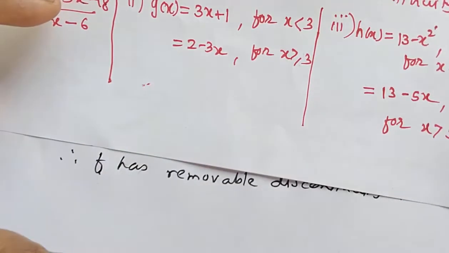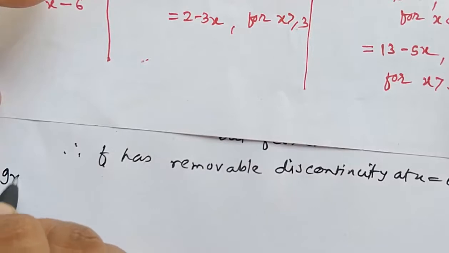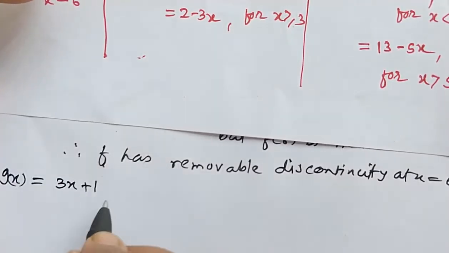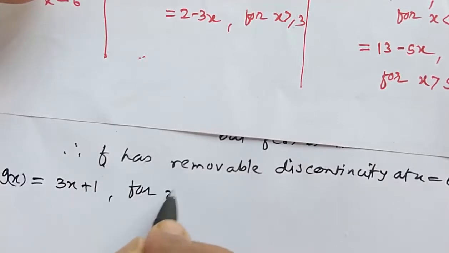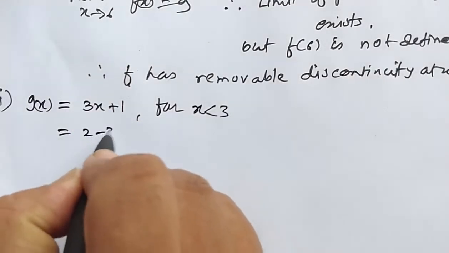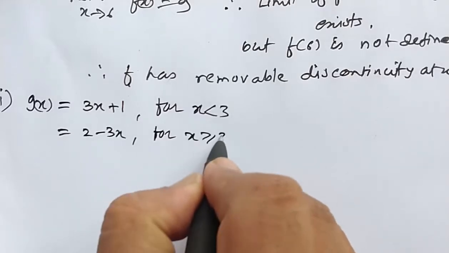It is given number 2, g of x is equal to 3x plus 1 for x is less than 3, and it is equal to 2 minus 3x for x is greater than or equal to 3.